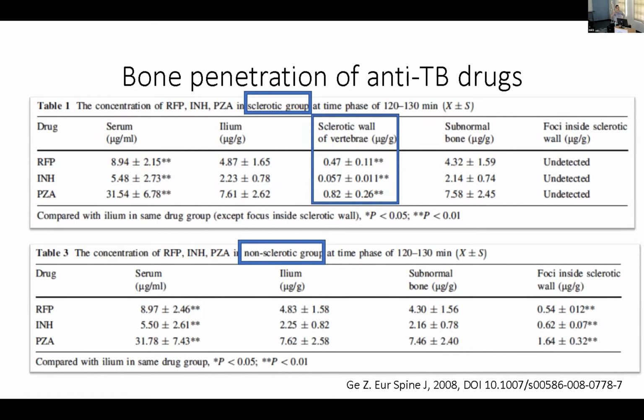As you can see, the drug concentrations between the ileum and the subnormal bone are relatively the same. But if you look at the sclerotic wall of the vertebra, you can see drug penetration is really not good. So in this study, their feeling was that surgery would be of utility for these patients to get rid of the sclerotic wall and allow the drugs to penetrate.